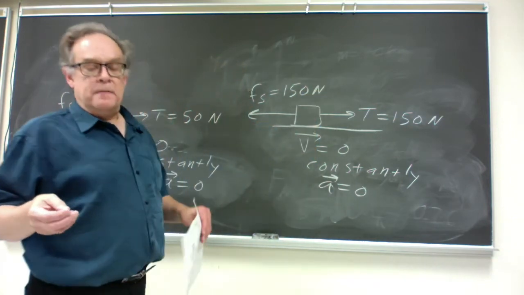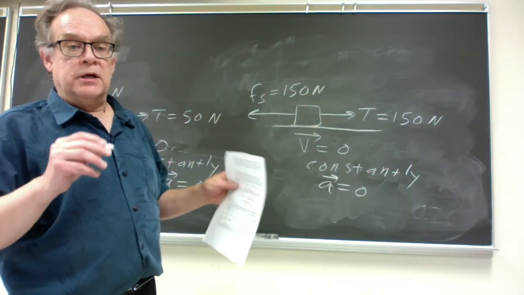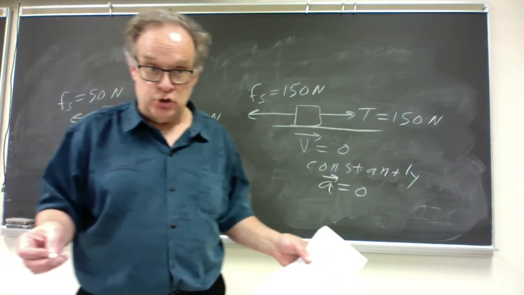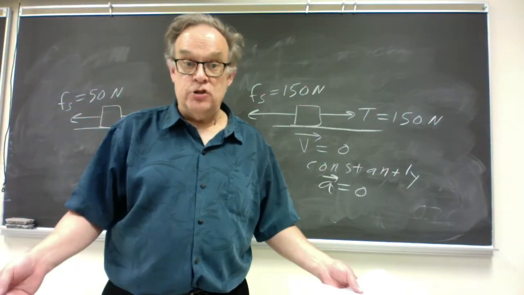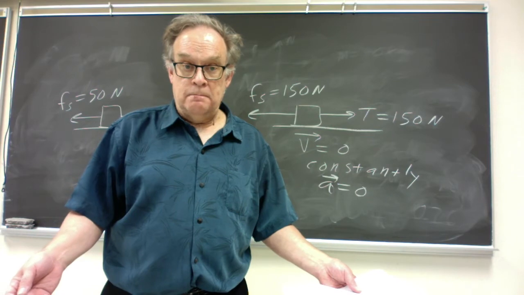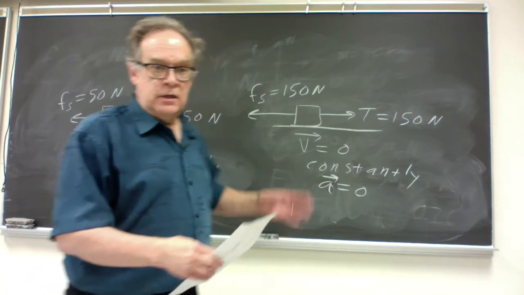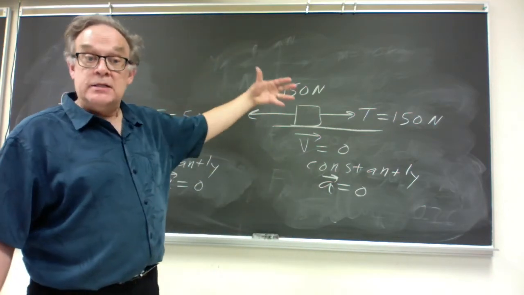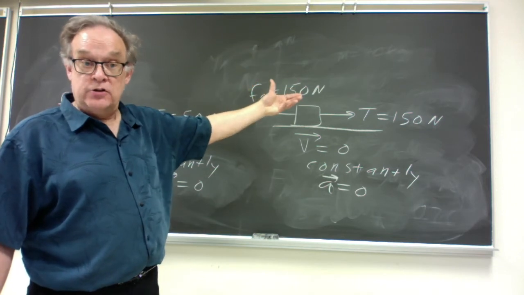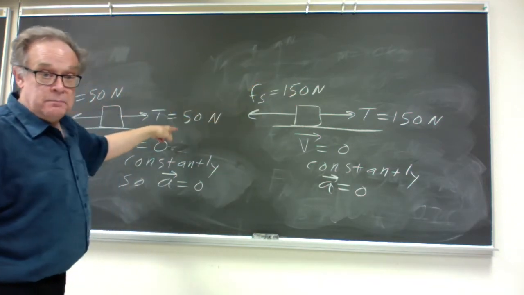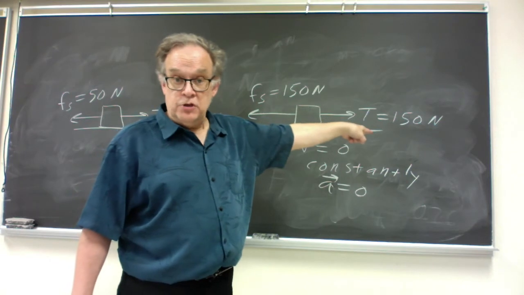In other words, static friction can do something that kinetic friction and rolling friction cannot do. It can take on a range of values. In this example, it's able to match the strength of my pull, whether my pull is 50 newtons or 150 newtons.